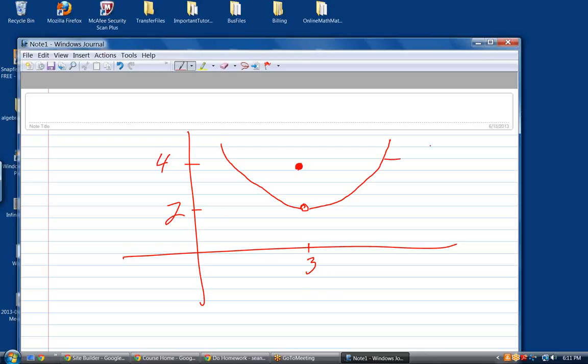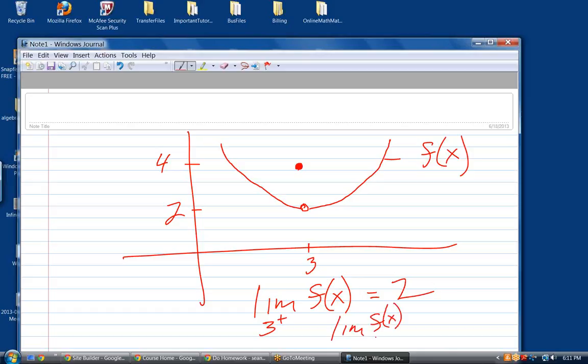We'll call this function f of x. What is the limit of f of x as we approach 3 from the right? 3 from the right, so you're going left? Correct. In other words, I'm approaching that number from the right side of the curve. So it would equal 2. And what is the limit as we approach 3 from the left? 3 from the left would be 2 again.